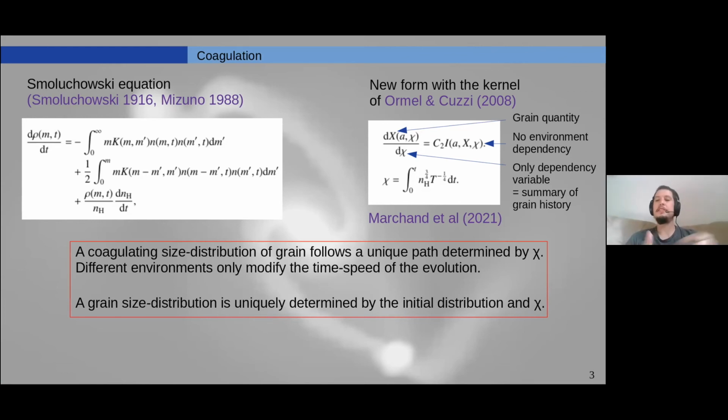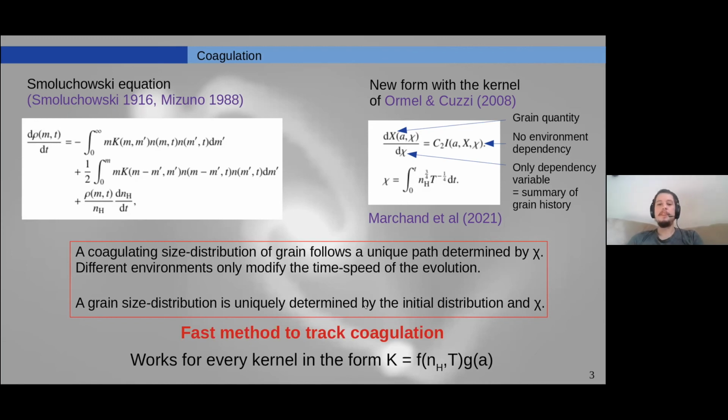So different environments, whether high density where the coagulation is very fast, or low density where coagulation is slower, will not change the outcome of the coagulation. They will only change the speed. So it's a 1D evolution entirely determined by chi, and a coagulated size distribution is entirely determined by the initial size distribution and chi.